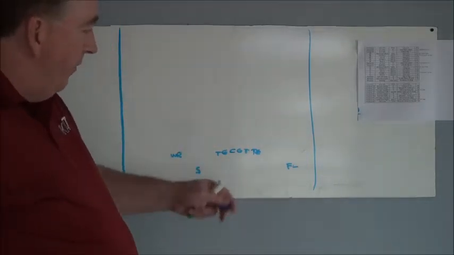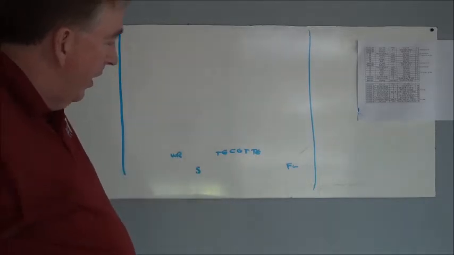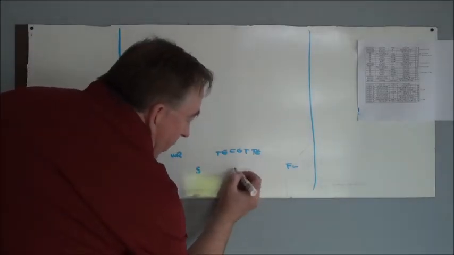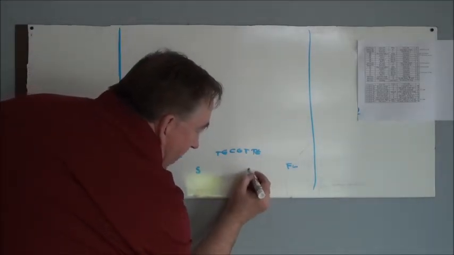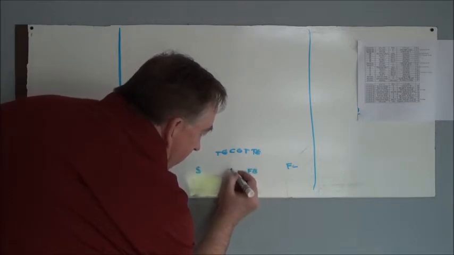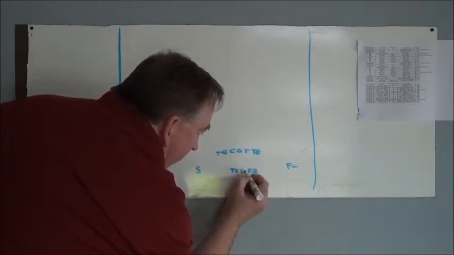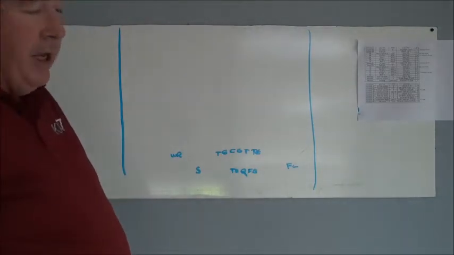Now the default play, if he's called red, we've got our fullback to the strong side, and our tailback, and our quarterback will sit right in between them.